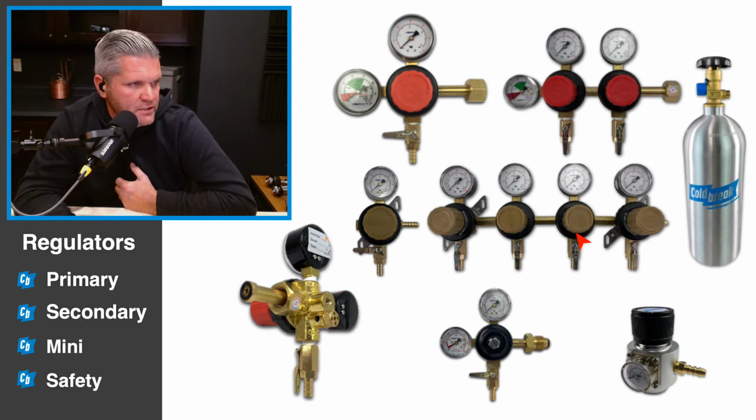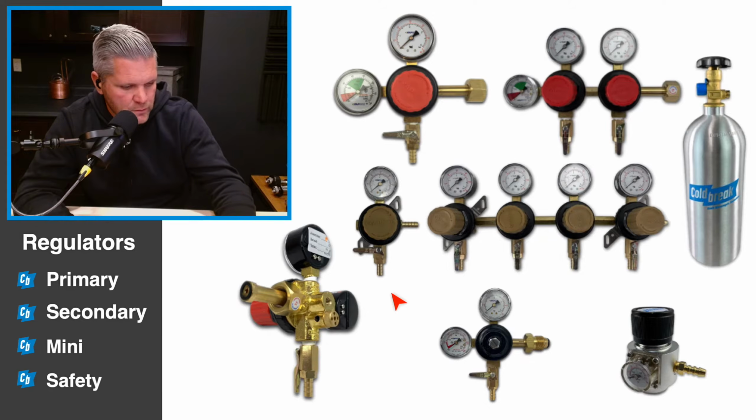You can connect these into a series like this. You can either have one or you can have four. The backs of the primary regulators will have, let me go to my overhead cam.